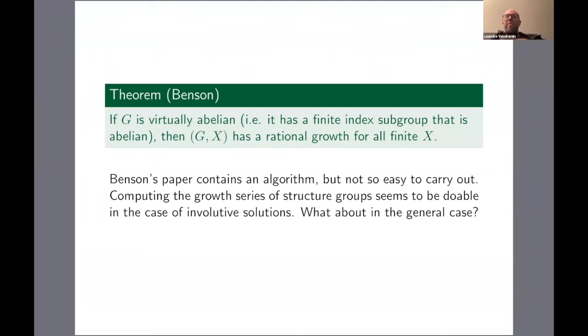So you can apply Benson's theorem, right? The structure group of a finite solution will have rational growth. This is for sure. But the point is to compute the series, right?